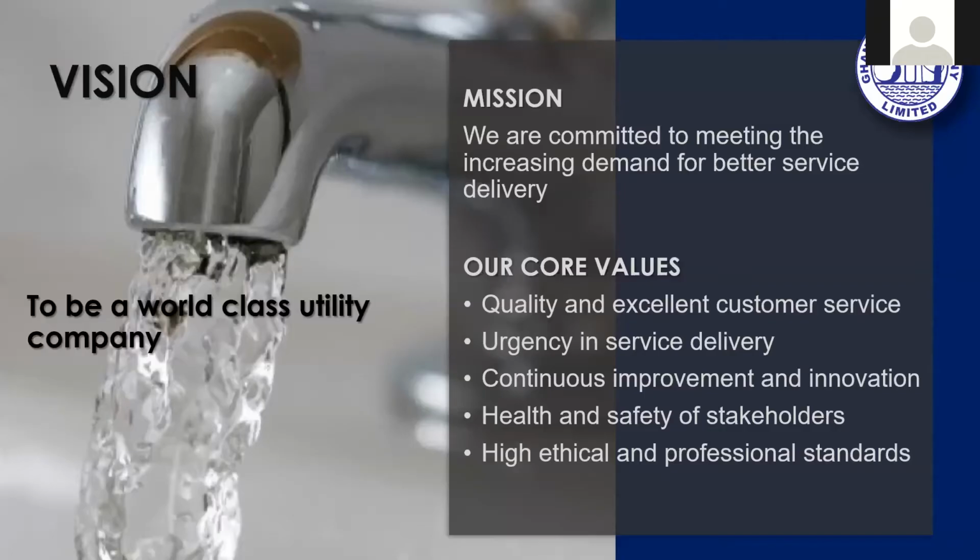As a company, we have a vision of being a world-class utility. So we put in a lot of effort to make sure that over the years we are growing ourselves and bettering our operations to achieve this vision.